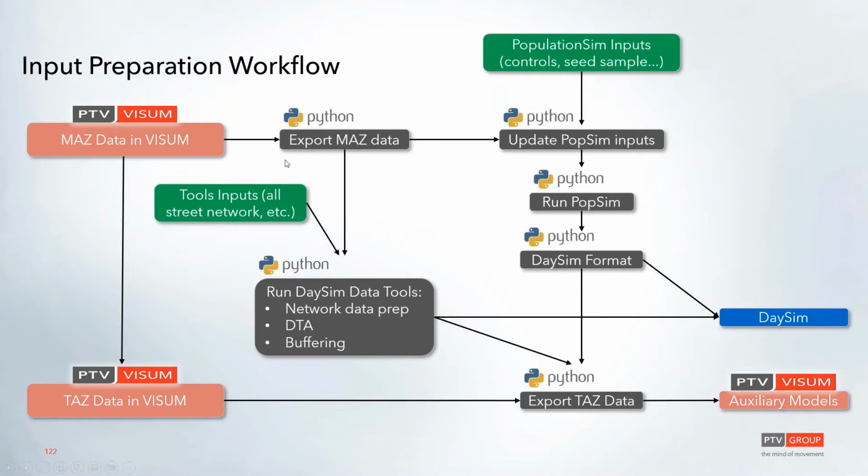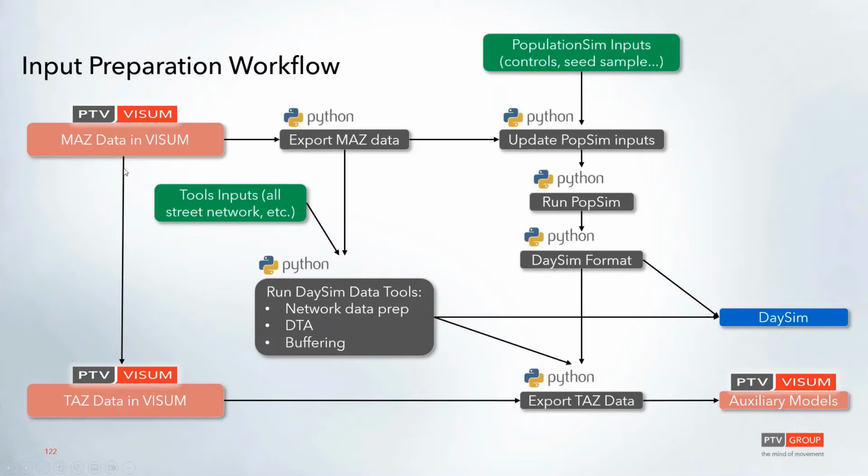Now, on the other side, the exported MAZ data also gets used by the DaySim tools. And DaySim tools, in conjunction with other inputs for the tools, such as all street networks, run network data prep, buffering, and then it produces land use data for DaySim. And as I mentioned before, the version file doesn't include TAZ data.